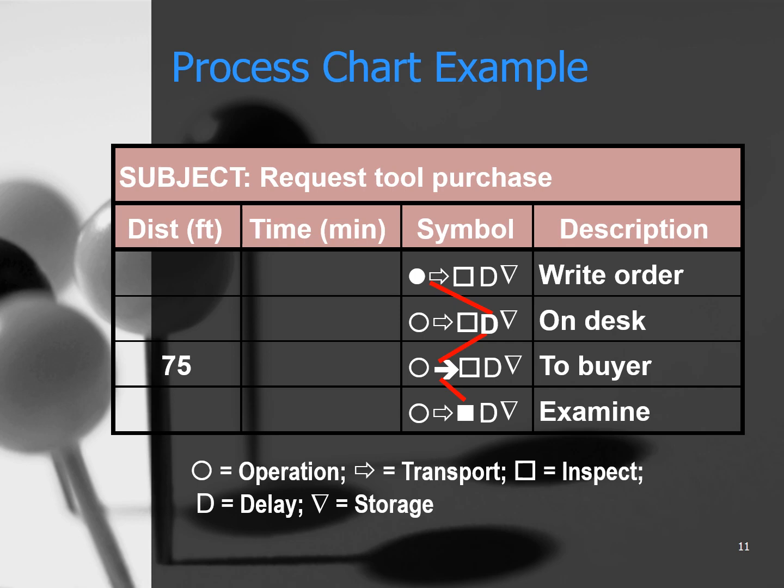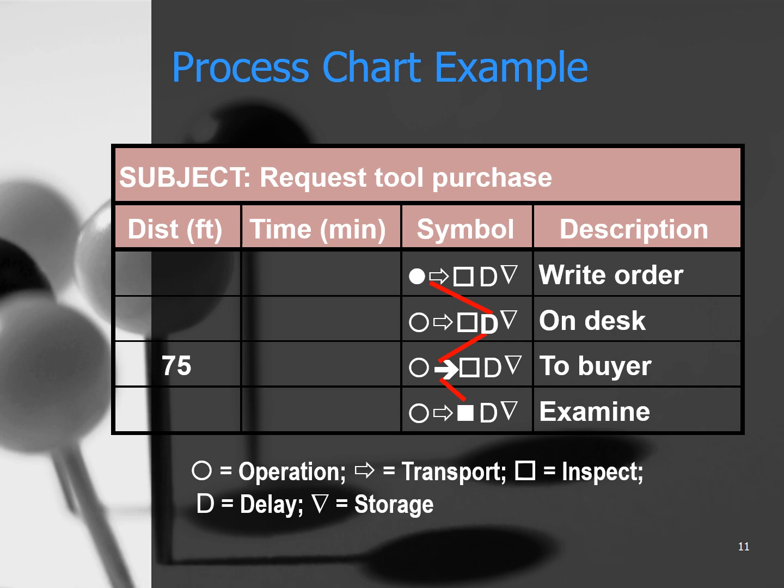Each of these five symbols has its own purpose. The operation symbol is for changing the physical or chemical characteristics of an object. It represents the task. The transportation symbol is for the movement of an object from one location to another, from the production to the customer.